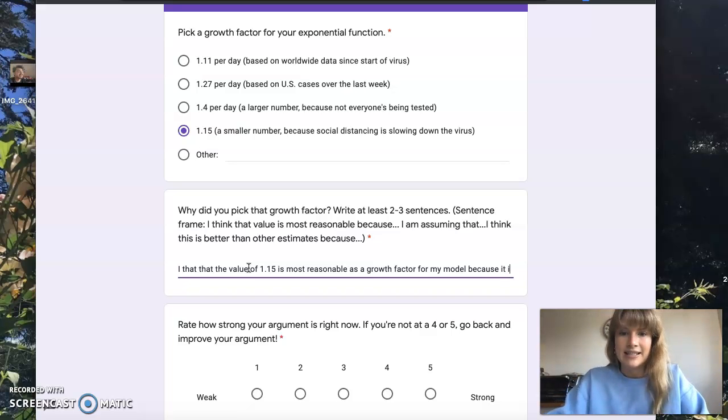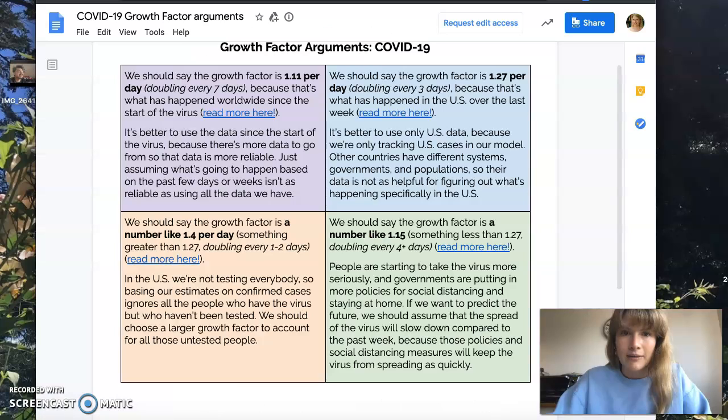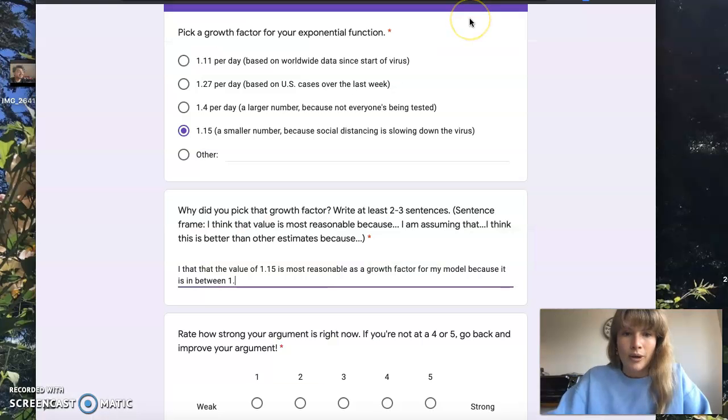Because it is in between, what were the other two? 1.11 and 1.27, both of which rely on reasonable assumptions.